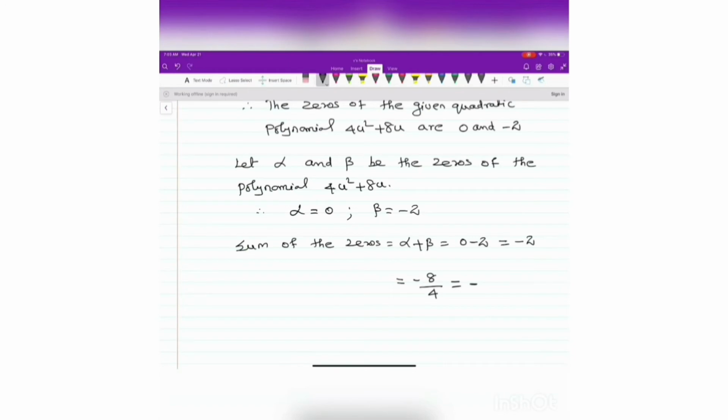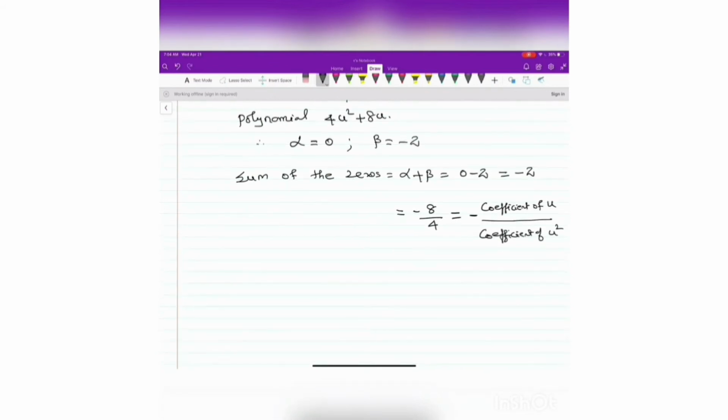What is 8? If you see here, 8 is the coefficient of u, and 4 is the coefficient of u square. So I can write minus coefficient of u by coefficient of u square. So I verified the relationship between the zeros and the coefficients of the given polynomial.